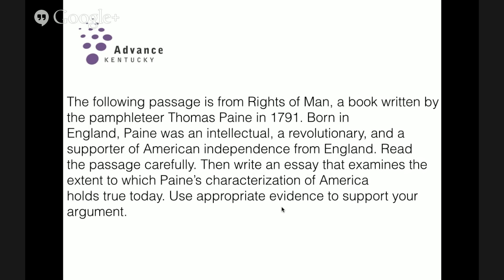Use appropriate evidence to support your argument. And I love this question. It says, write an essay that examines, here's that word again, the extent to which Paine's characterization of America holds true today. So it's not saying, is he right or wrong? It's saying, to what extent? And so let's look at what he said.